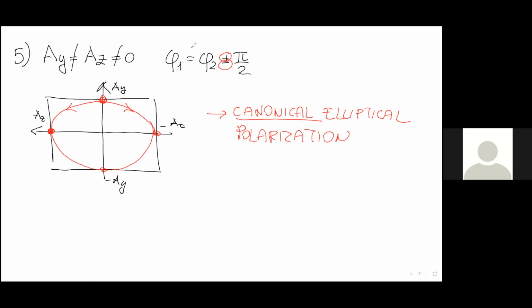Because the axes of the ellipse coincide with the Z and Y axes. So it is horizontal, this ellipse. Now, the sixth case of polarization is when AY is equal to AZ, different from 0, and the two phases differ by pi over 2. Which case is this?